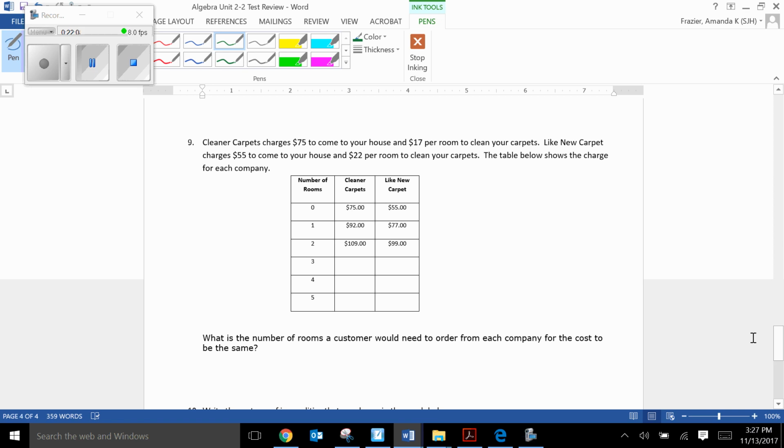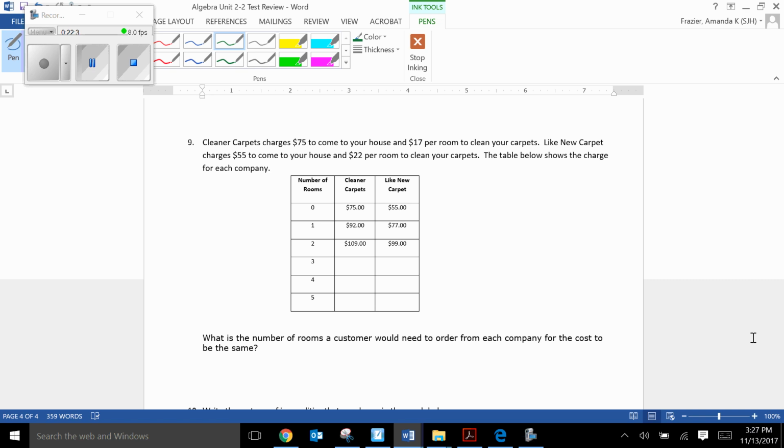Number 9, cleaner carpets charges $75 to come to your house and $17 per room to clean your carpets. Like new carpet charges $55 to come to your house and $2 per room to clean your carpets. The table below shows the charge for each company. What is the number of rooms a customer would need to order from each company for the cost to be the same?